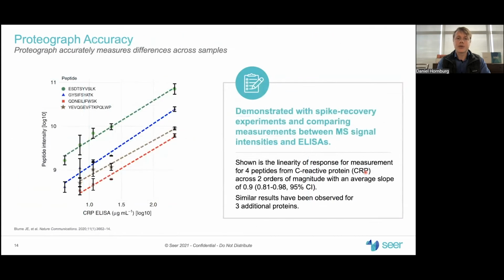One additional important aspect, of course, is the response, the linearity of a response, because you want to make sure that you can actually observe biological differences in your biosample. So we did this spike-in recovery experiment that was published last year as part of our Nature Communications publication, where we compared the intensity derived from a mass spec readout from the Proteograph to an ELISA readout for the same biosample before subjecting the plasma to the nanoparticles.